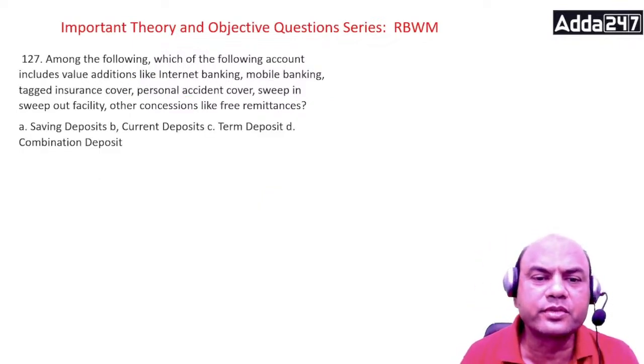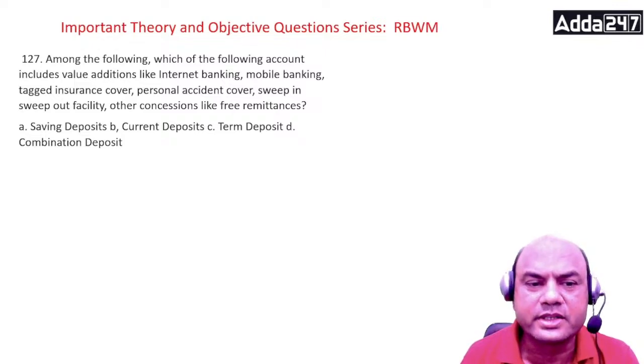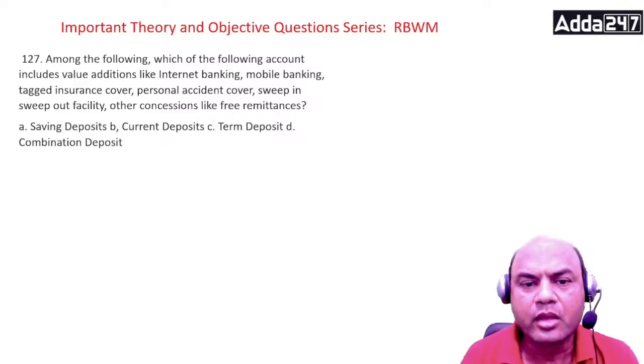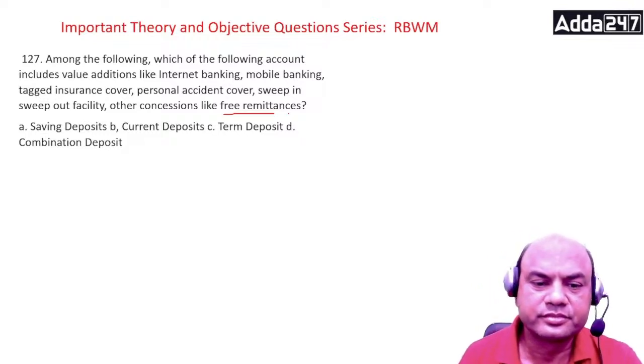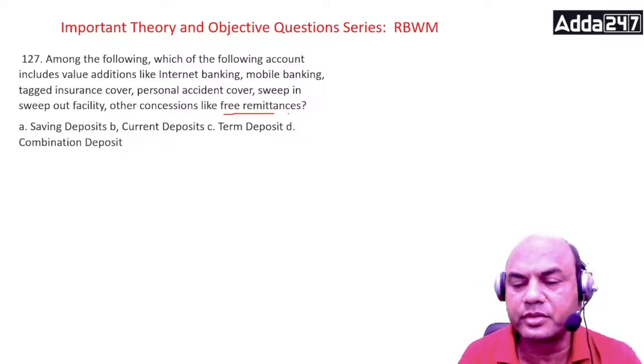Among the following, which account includes value additions like internet banking, mobile banking, tagged insurance cover, personal accident cover, sweep in, sweep out facility, other concessions like free remittances? Savings, current, term, and combination deposits? Which of them will include?